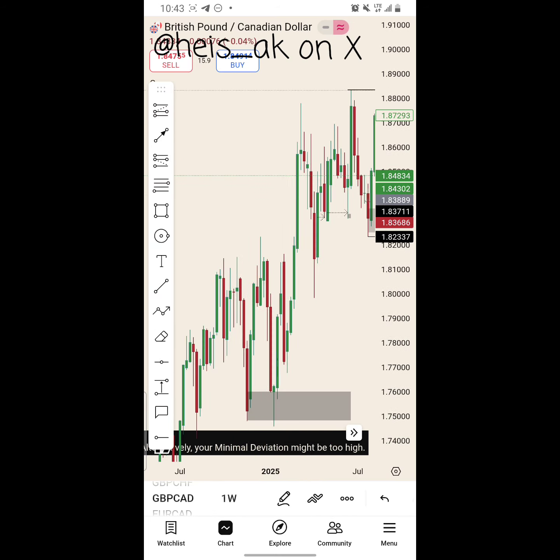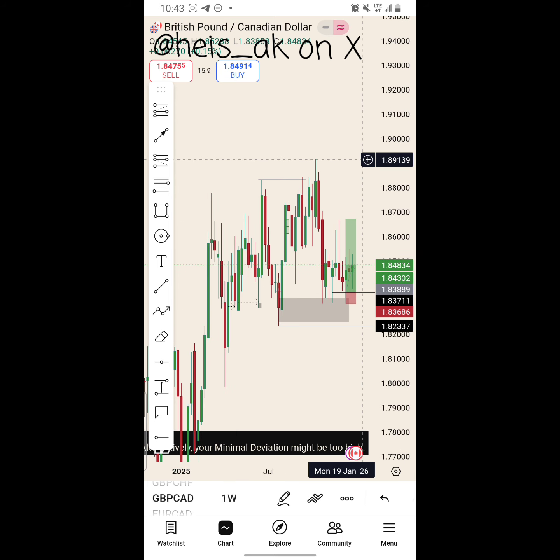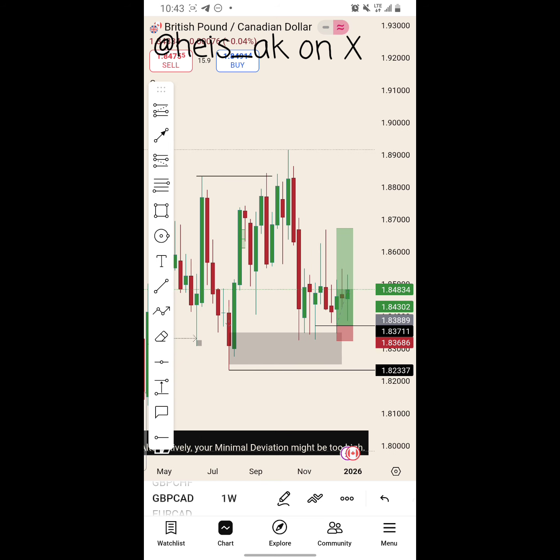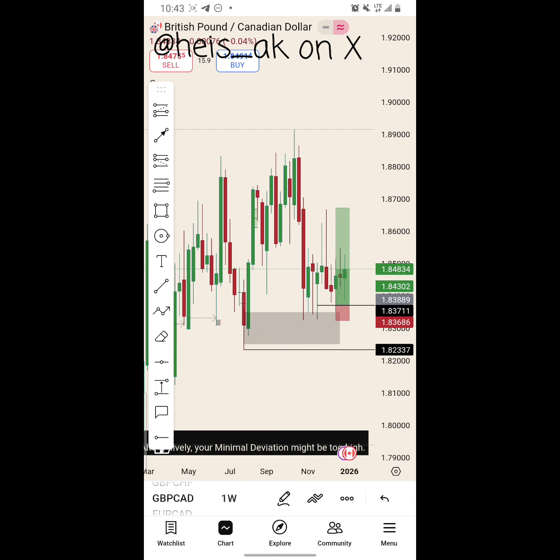Here on the weekly time frame, you can see this. I don't know why this is showing on my screen, but let's continue. On the weekly time frame, I have a sweep. I have this low here, and I have a sweep of this low, and I have price pulling above this high.